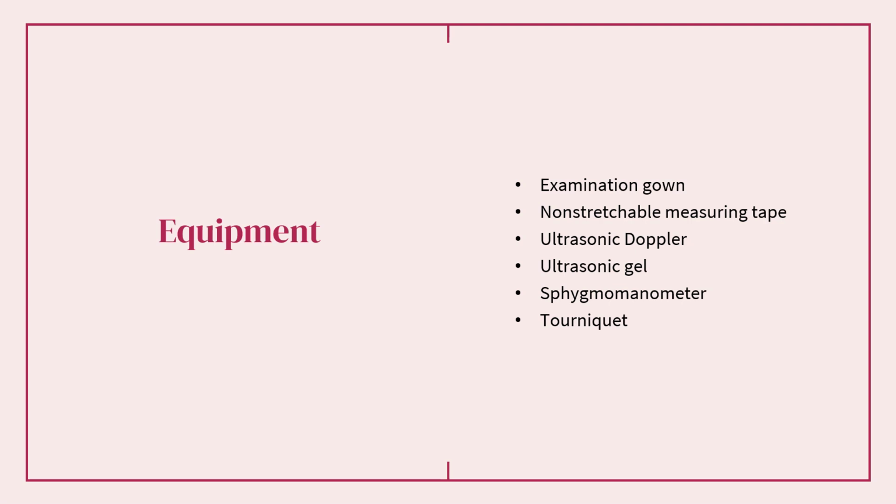We might need an ultrasonic Doppler when pulses are difficult to palpate or they're not palpable at all, which can help us detect blood flow in severe peripheral arterial disease or severe edema. And with the Doppler, we'll need ultrasonic gel.